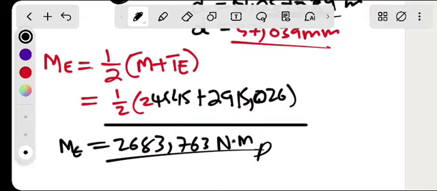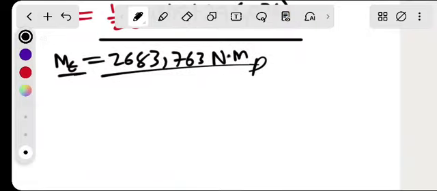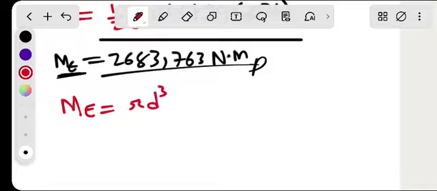Now we want the principal, guys. Under this condition, the principal stress by its own, again, guys, is given by what? We said when you are given a solid shaft, it will be pi d cubed multiplied by the principal stress.